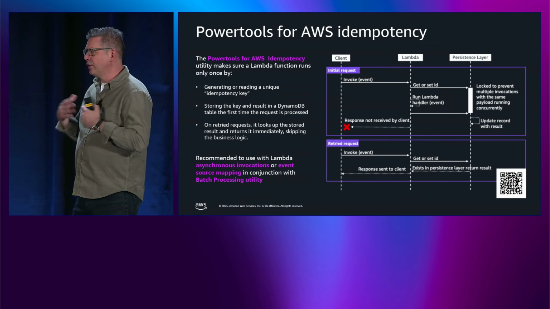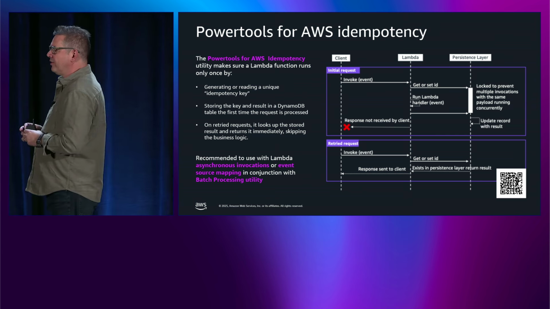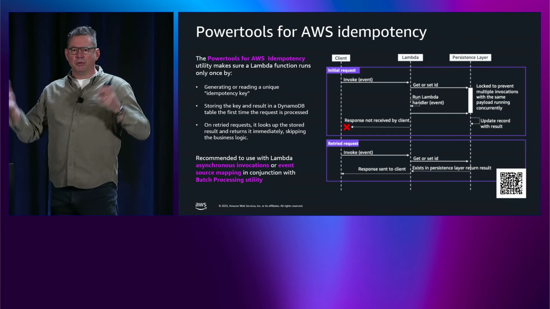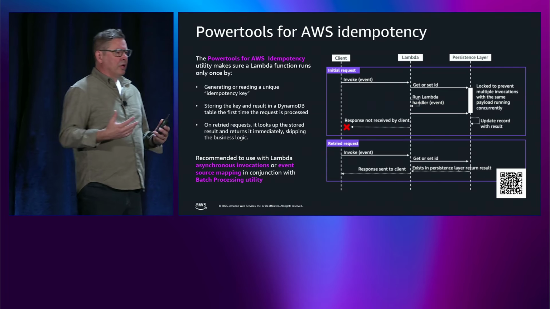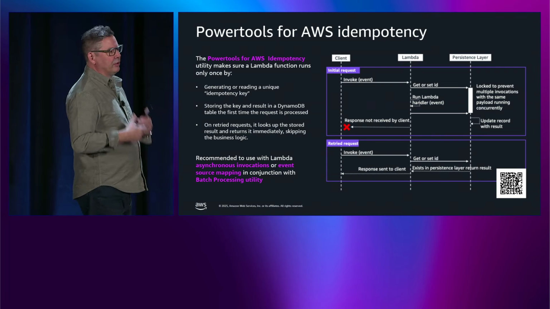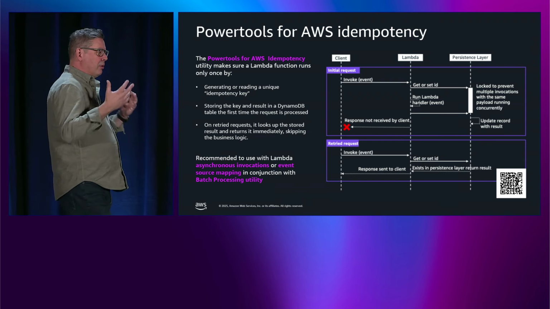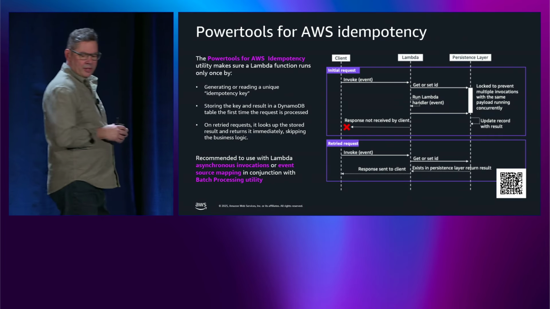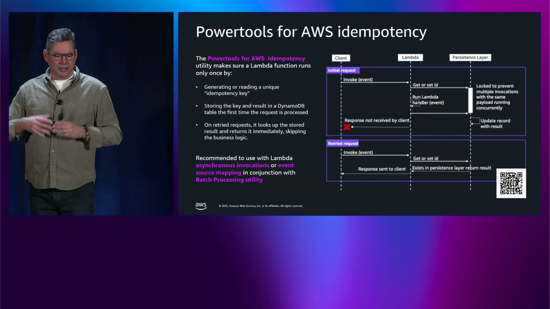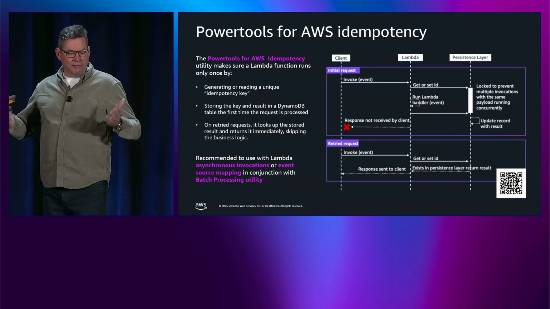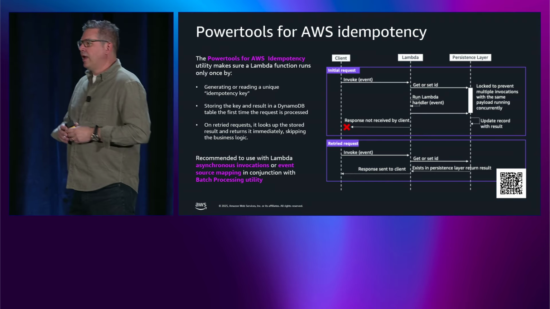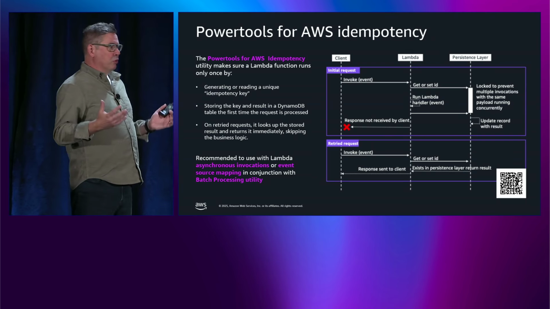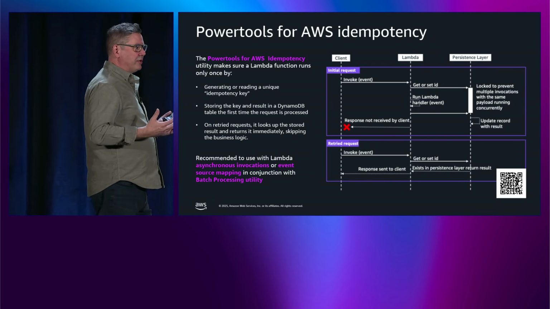Power Tools has an idempotency utility that removes the need for you to build a solution yourself around how to deal with potential retries and help you with deduplication. So in this case, you would get a client invoking a Lambda function. At this point in time, the utility will make a record of that request.